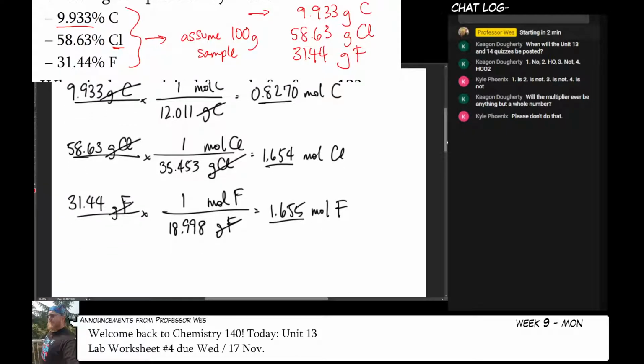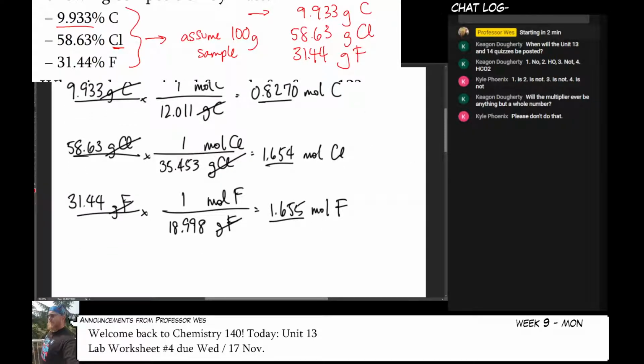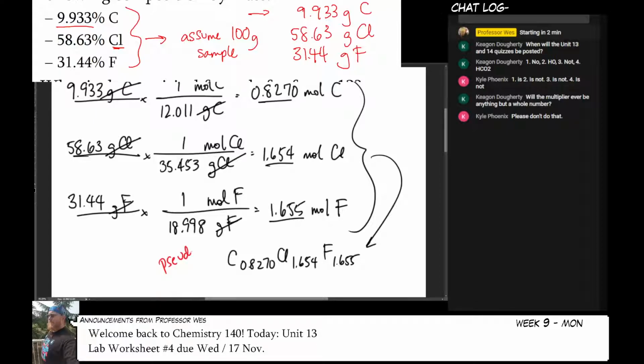So the last thing that we're going to do is make a formula out of this. I'm just going to write it like this. Now, this is not really a formula. I'm in fact going to call it the pseudo formula. Because it's sort of a formula, right?